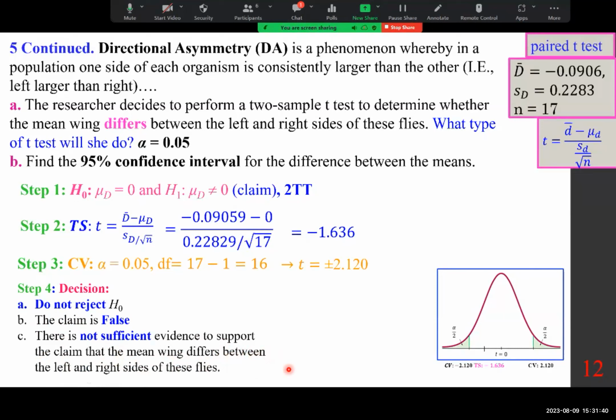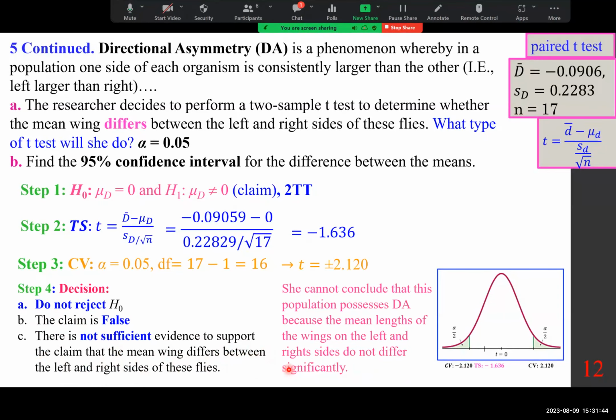So according to this, this is not true. Therefore, she cannot conclude that this population possesses DA, directional asymmetry, because the mean length of the wings on the left and right sides do not differ significantly, according to our work.